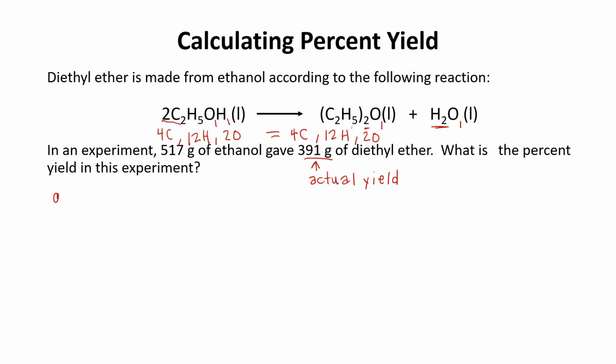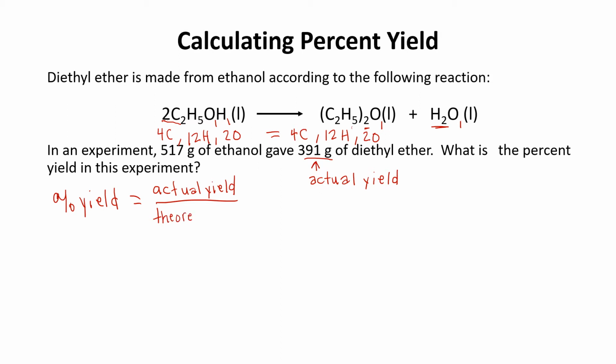Percent yield. Don't get this confused with percent error or experimental error. The percent yield is the actual yield, that's what we collect after the reaction is complete, divided by the theoretical yield.